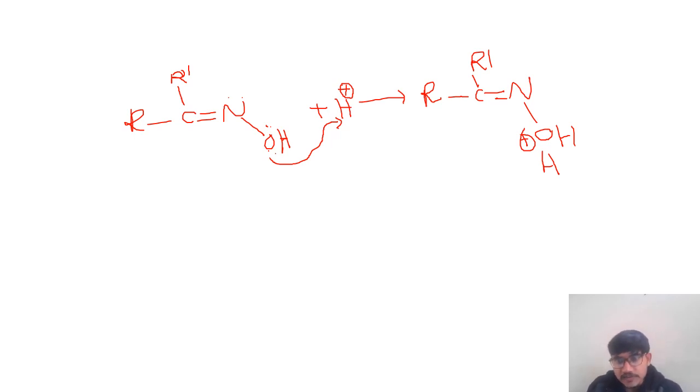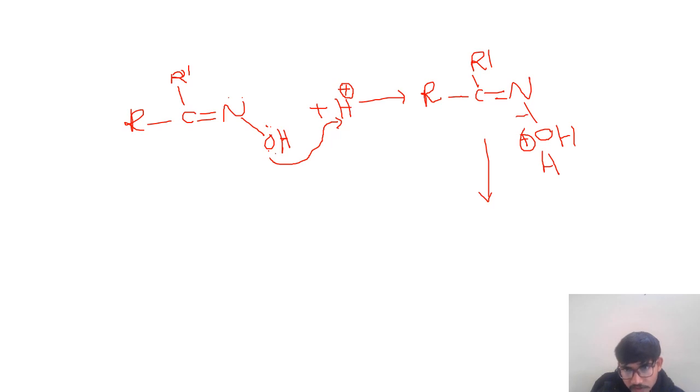Now what happens in the second step is that as this oxygen is positively charged, it is more electronegative, and as its valency is also not fulfilled, this intermediate is unstable, and suddenly this bond is going to break.